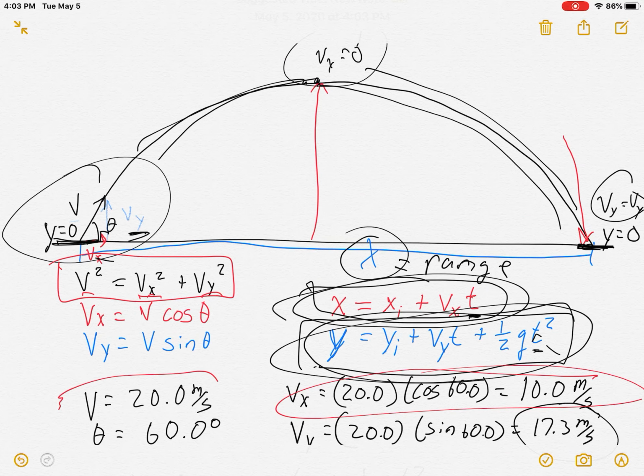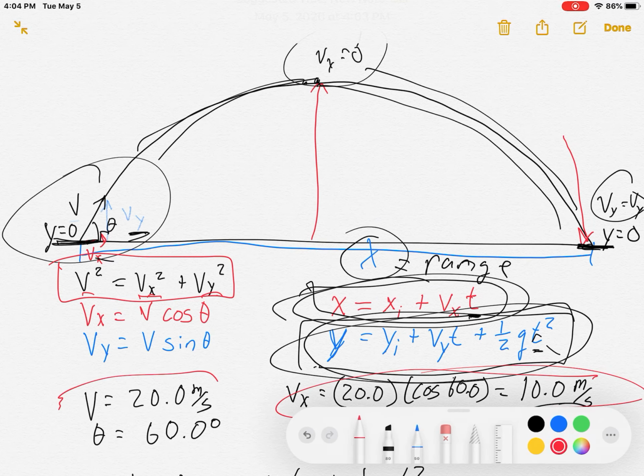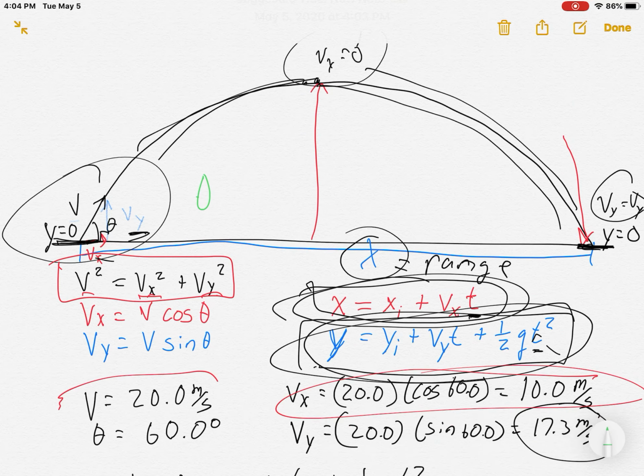I can add one more thing to our little list here, and that is theta, the angle, is equal to the arc tangent of vy over vx. Does that make sense? This angle right here is the angle whose tangent is opposite over adjacent, vy over vx.